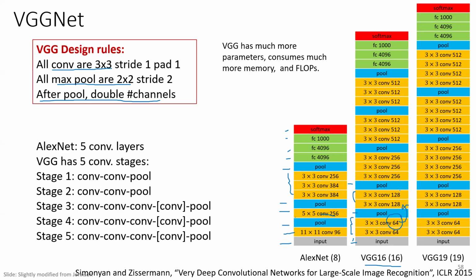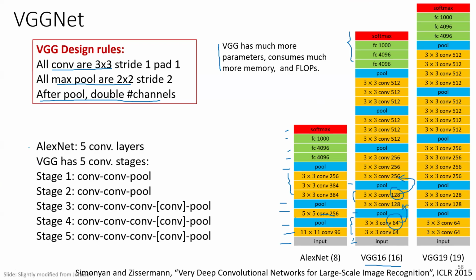So here, 128 to 256. And so on. So you can see that's the VGG16 that they constructed. So there is some principle for people, when they design networks, the final part is the same. So it has much more parameters, consumes much more memory and flops.